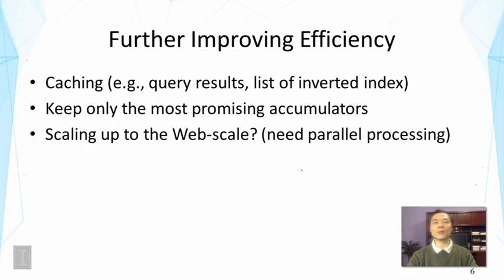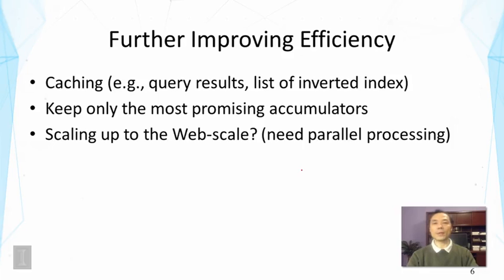And these are general techniques for improving efficiency. We can also keep only the most promising accumulators, because a user generally doesn't want to examine so many documents. We only need to return a high quality subset of documents that likely are ranked on the top. For that purpose, we can then prune the accumulators. We don't have to store all the accumulators. At some point, we just keep the highest valued accumulators.